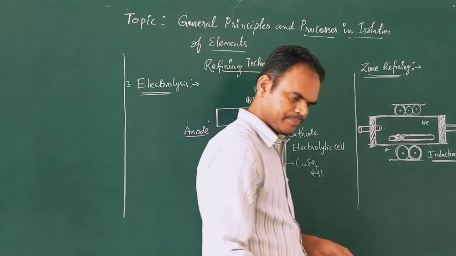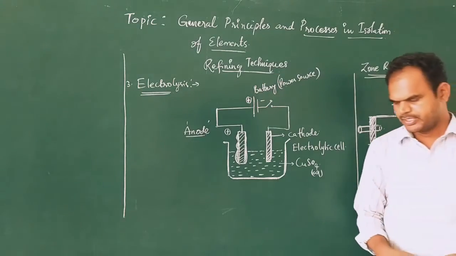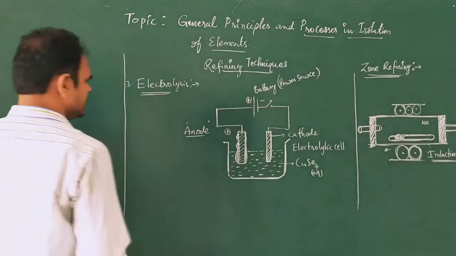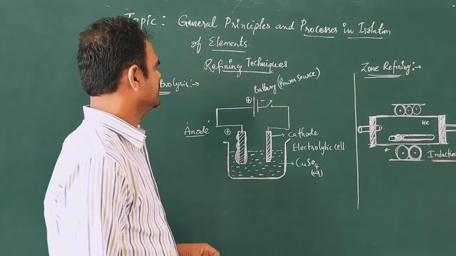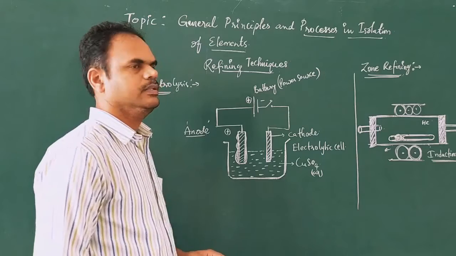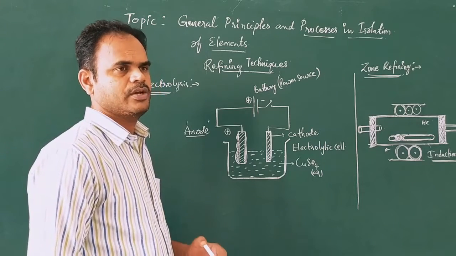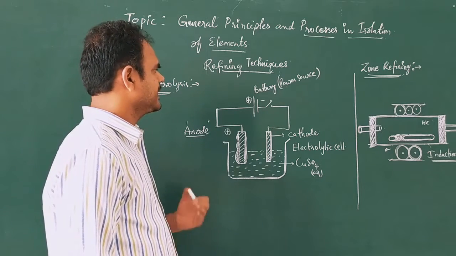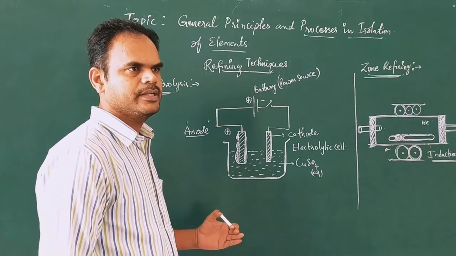By using the reduction process, metal is extracted, isolated from the metal oxide. So the second step in the metallurgical process we have completed.